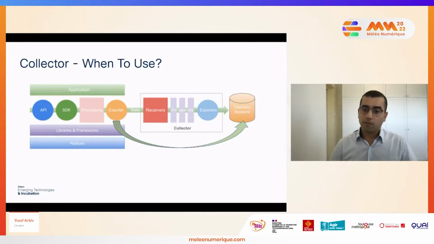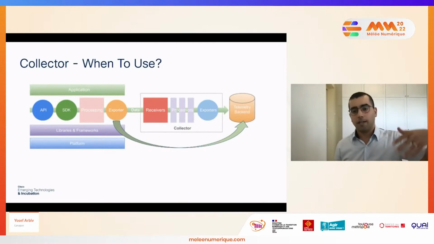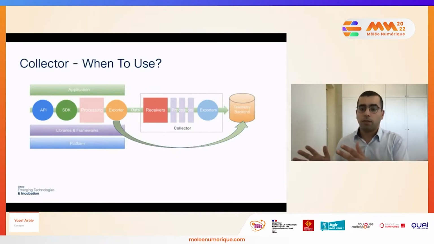If you want to reduce the overhead of OpenTelemetry in your application, you can use the collector, and then the application itself does not need to interact with network operations and the processing of the data, but it only sends the data fast to the collector, and the collector deals with the processing and the network operation separately in another process, and maybe when the system has more CPU time.